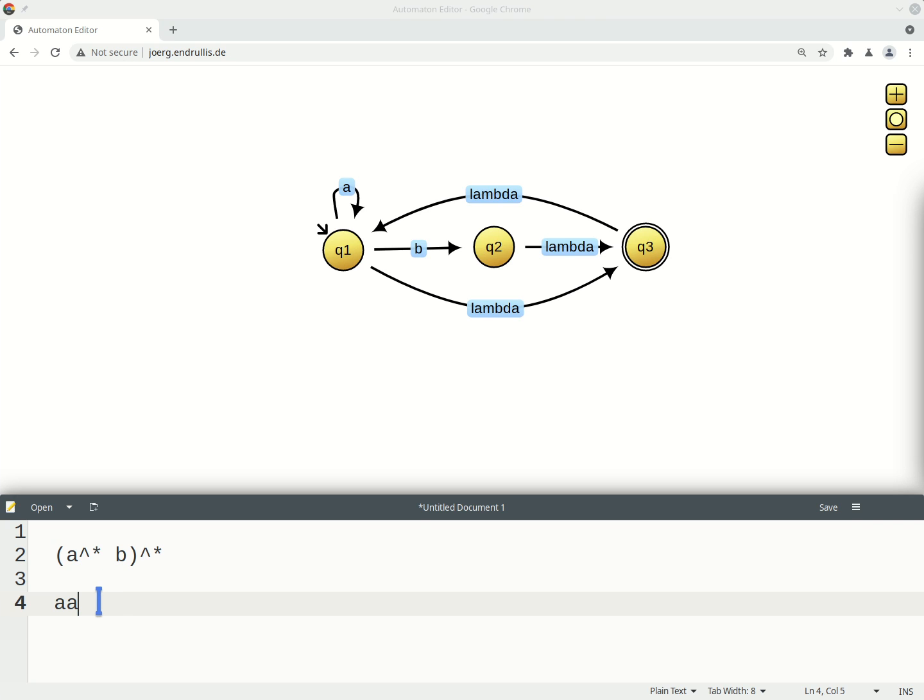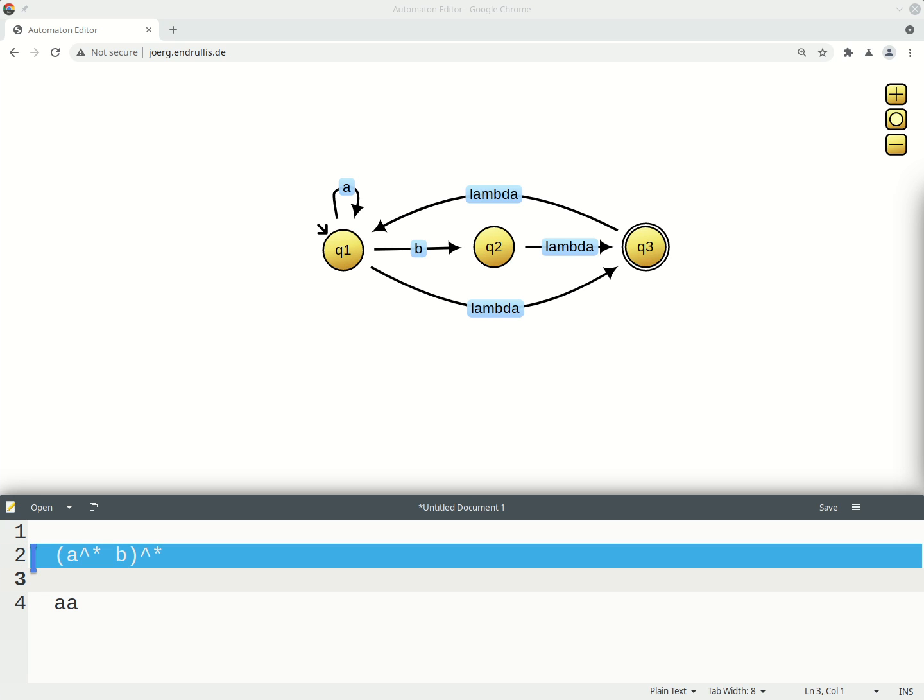But the problem is, the word AA is not in the language of this regular expression, because if we have some A's, there always has to be a B following them. So this automaton accepts a word that is not in the language of this regular expression.